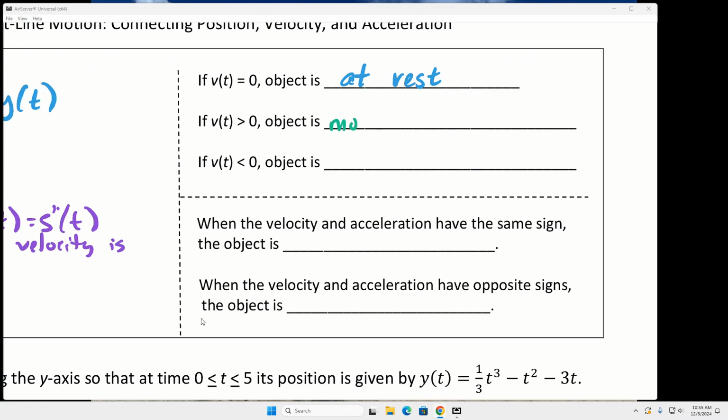Right. If it's on the y-axis, it's going to be up. And then a negative velocity on the x-axis is left. And then y-axis is going to be down.